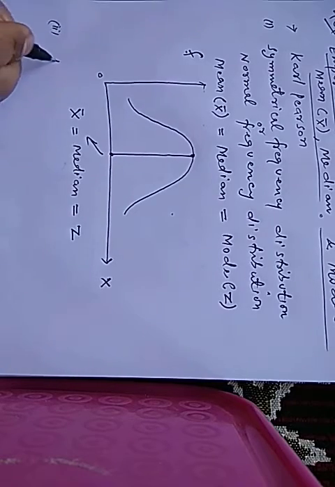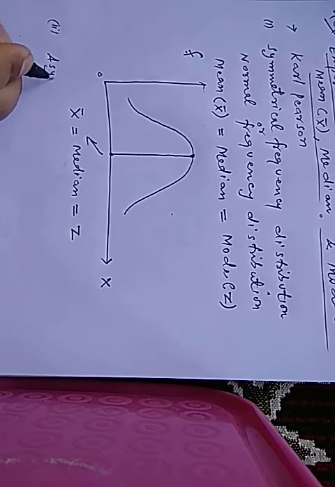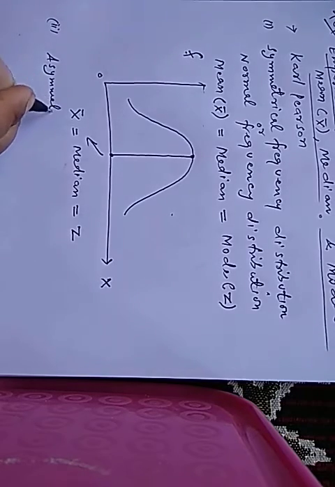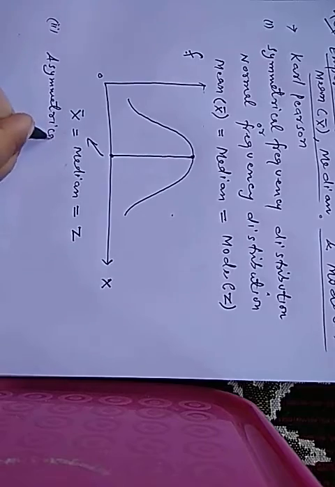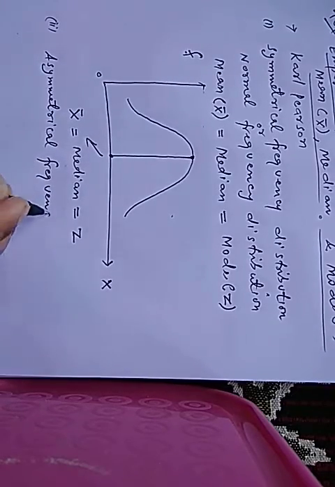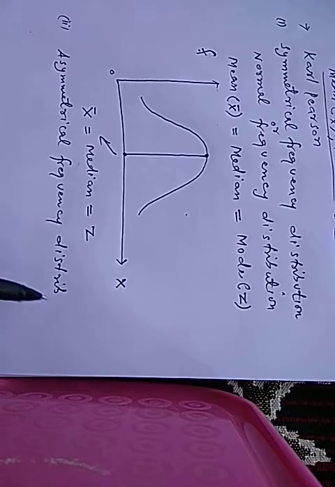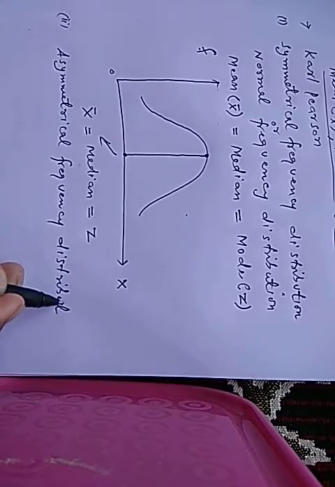Second case may be asymmetrical frequency distribution. In this case, there is much variation in the given frequency.